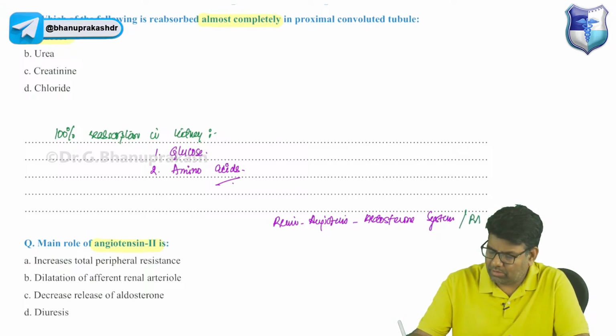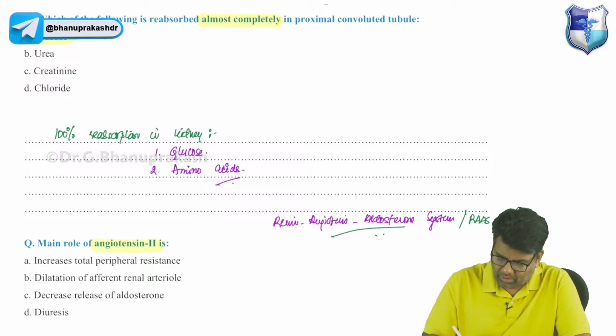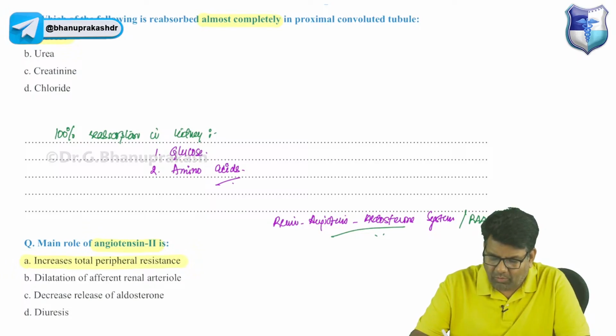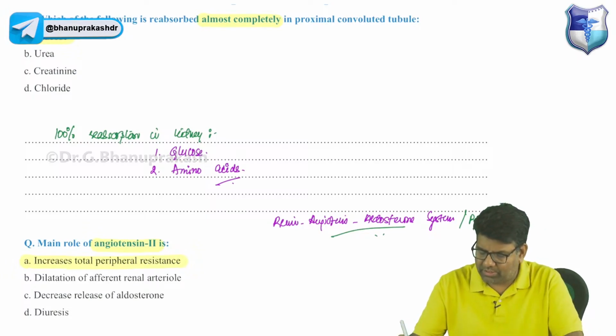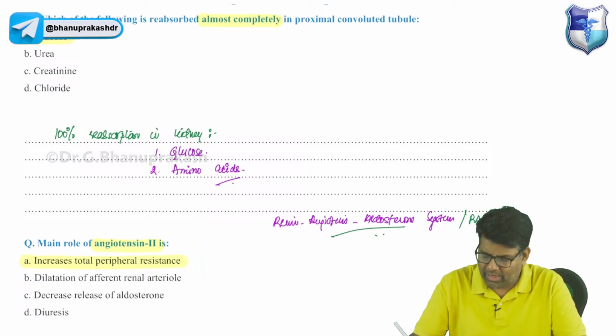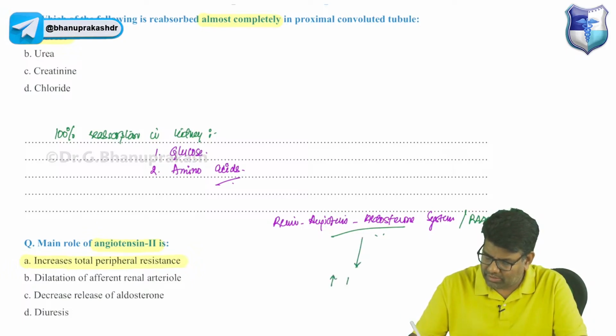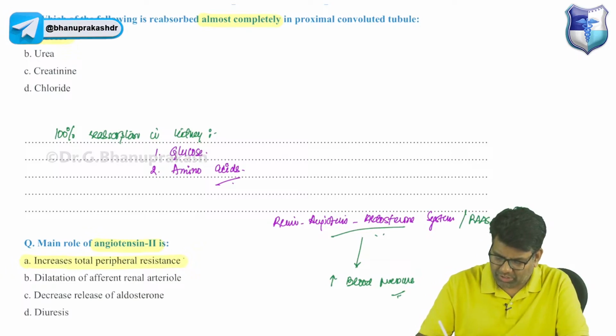So the correct answer is increase in total peripheral resistance. Right. Now, what is the ultimate effect of this renin-angiotensin aldosterone system? It tries to increase the blood pressure. So the ultimate effect is to increase blood pressure. Yes, vasoconstriction.